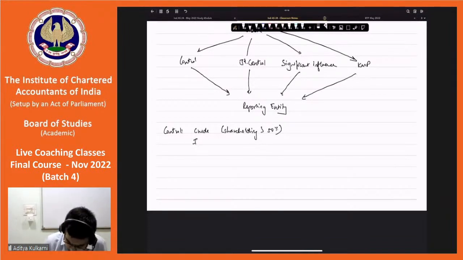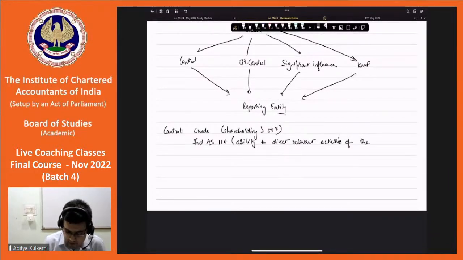But if I have to talk in a refined Ind AS manner, in the way Ind AS has defined control, this is present in Ind AS 110 consolidated financial statements. 110 defines what is the meaning of control. Control means ability to direct relevant activities of the entity.